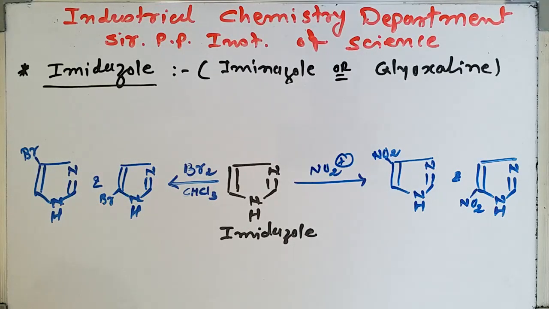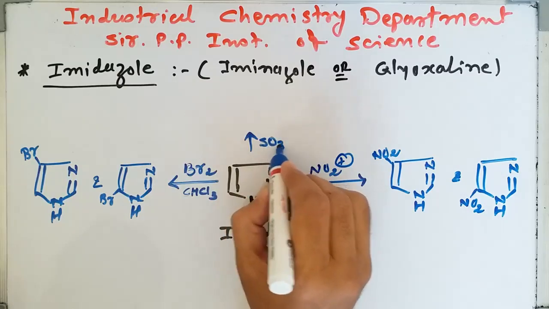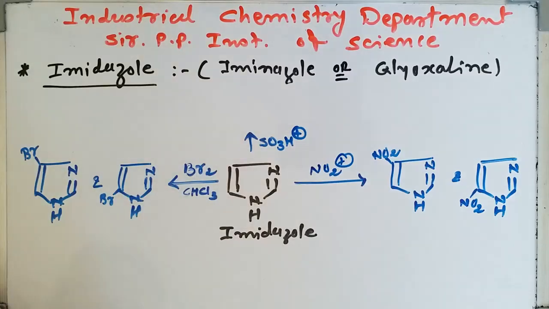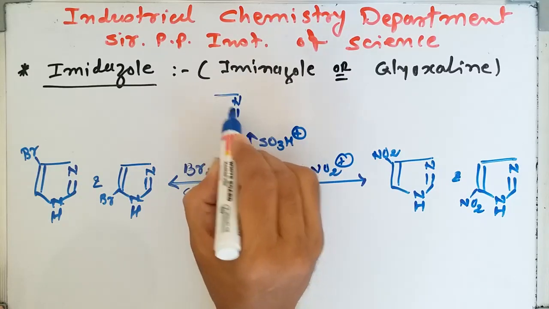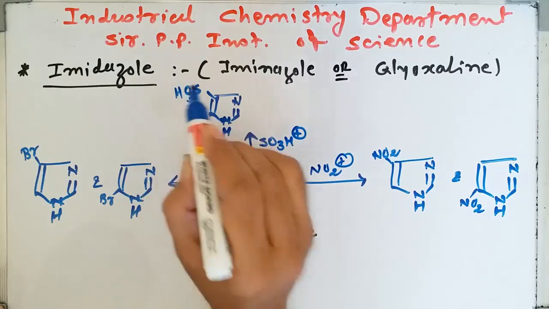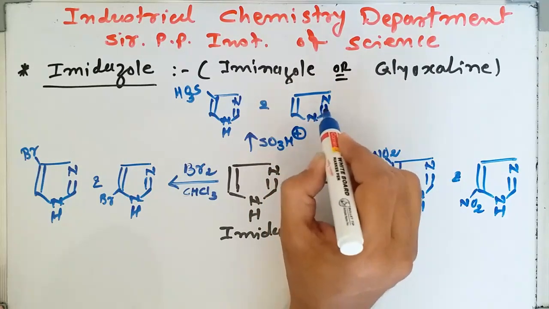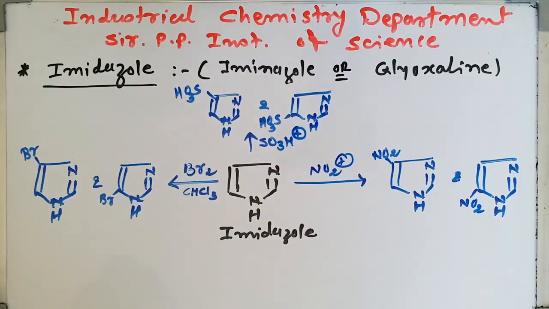If sulfonation takes place with the help of sulfuric acid, then we get imidazole 4-sulfonic acid and imidazole 5-sulfonic acid.